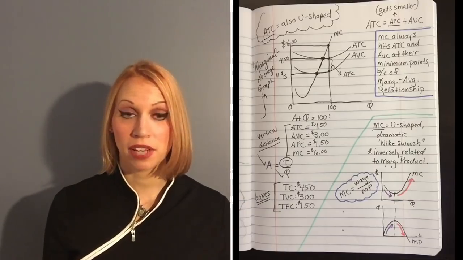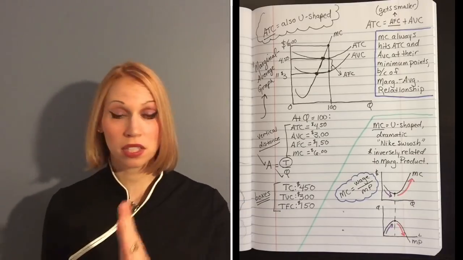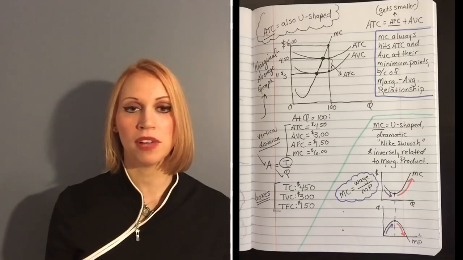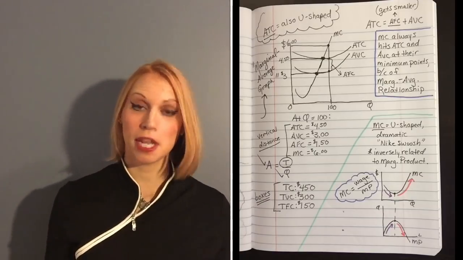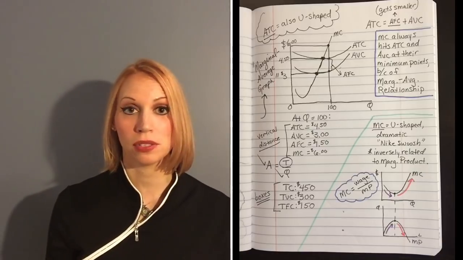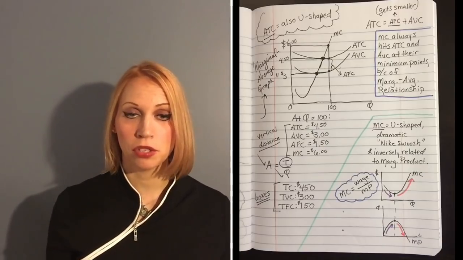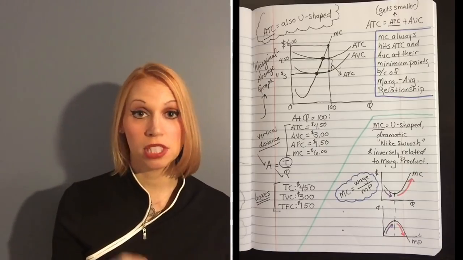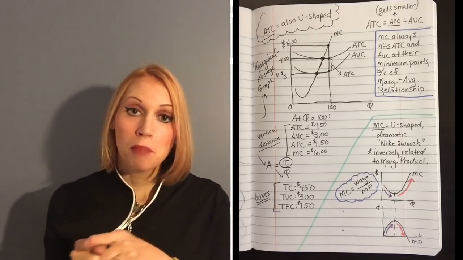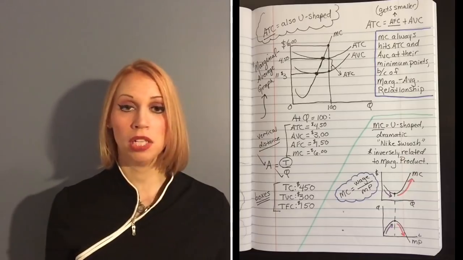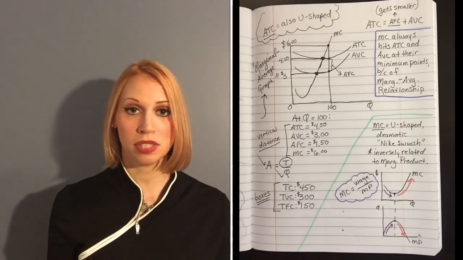So on this graph, guys, either you're going to go up and hit the curve that you're looking for and just read the dollar value straight off, or you might have to multiply to get your bigger numbers, to get your total values. Now notice to find the total values, we were taking the average prices, which were a vertical distance, and multiplying them by the quantity of 100, which is a horizontal distance.